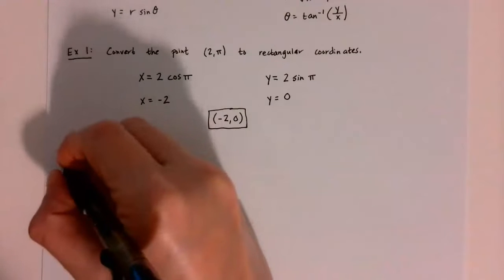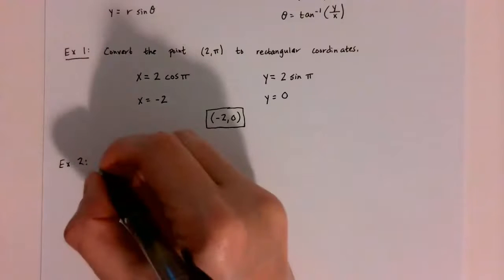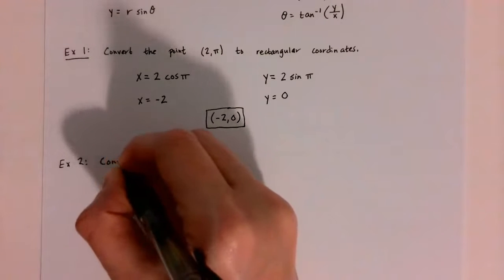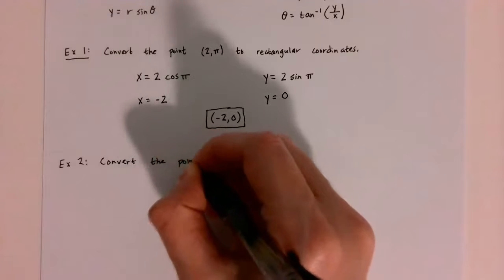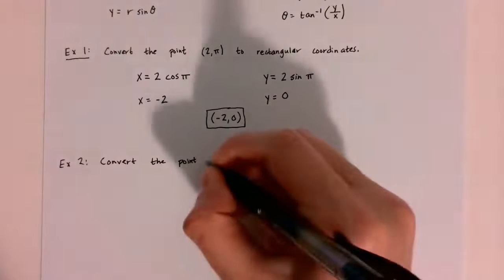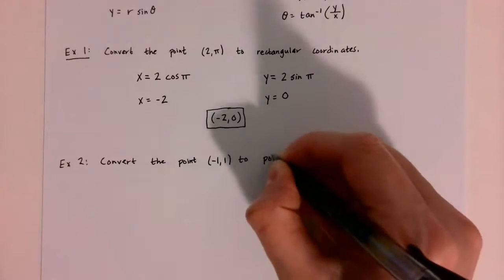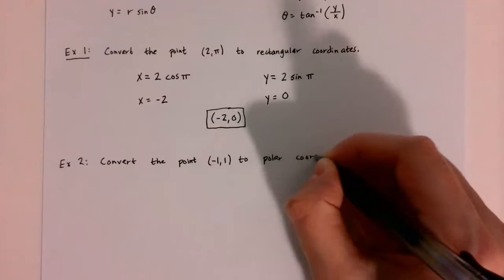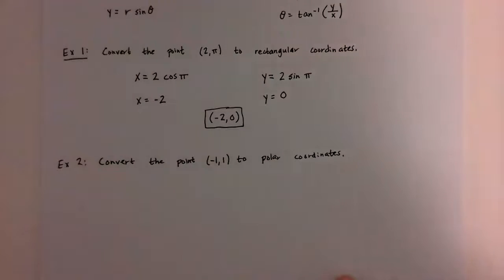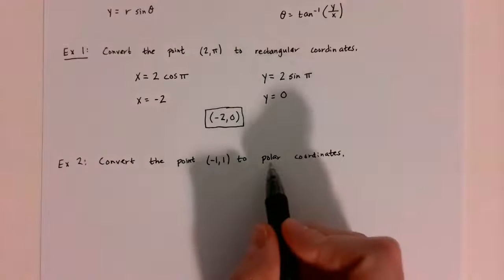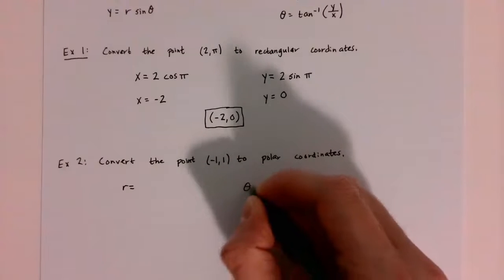So we're going to do another example, and this time we're going to convert a rectangular coordinate into a polar coordinate. We're going to convert the point (-1, 1) to polar coordinates. If we want a polar coordinate, we need r and we need theta.